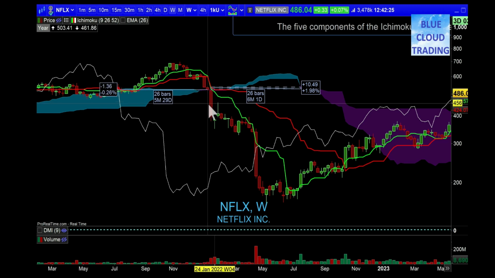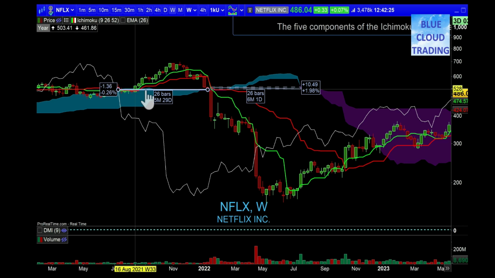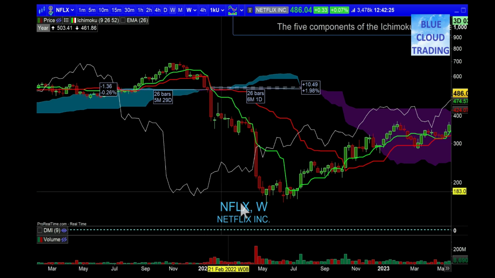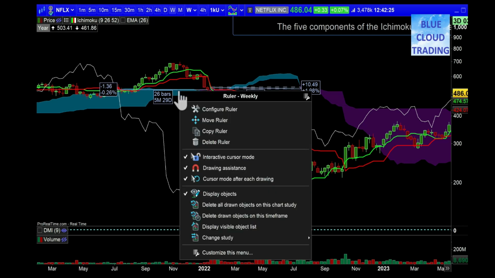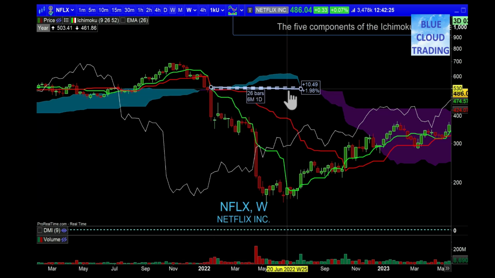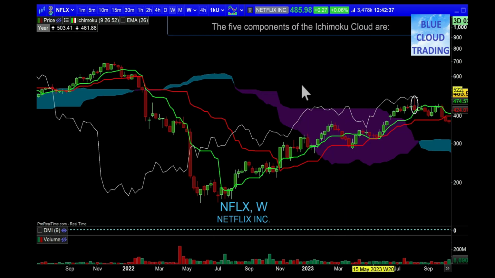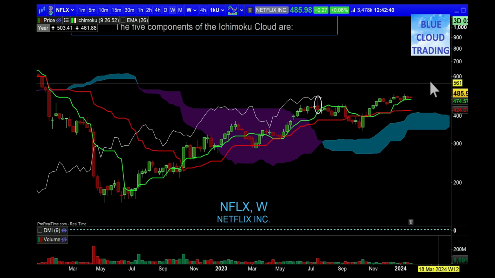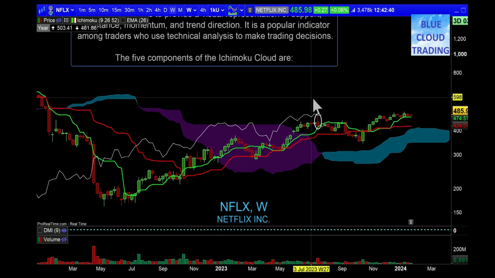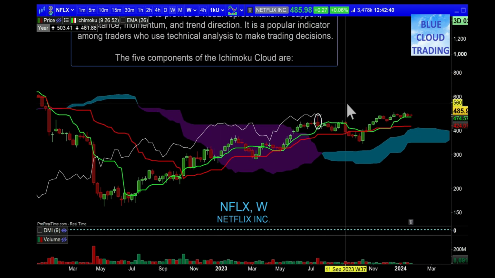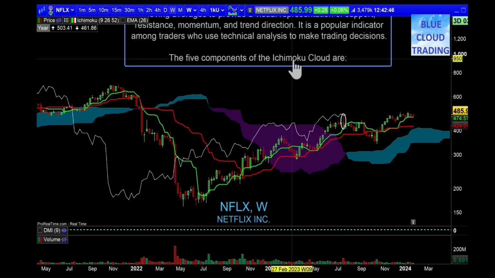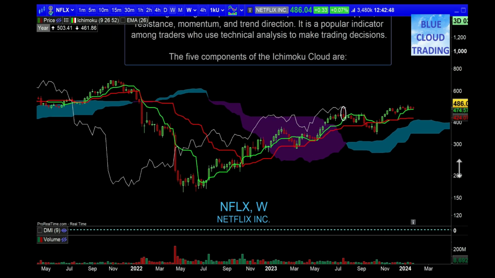So we would have got the warning a little bit sooner, by 1 week, and that would have also saved you money. It's just a great indicator to use. It's simple, and what Ichimoku stands for basically means at a glance in Japanese. And so at a glance, you can tell, hey, is this a stock I want to own or not?